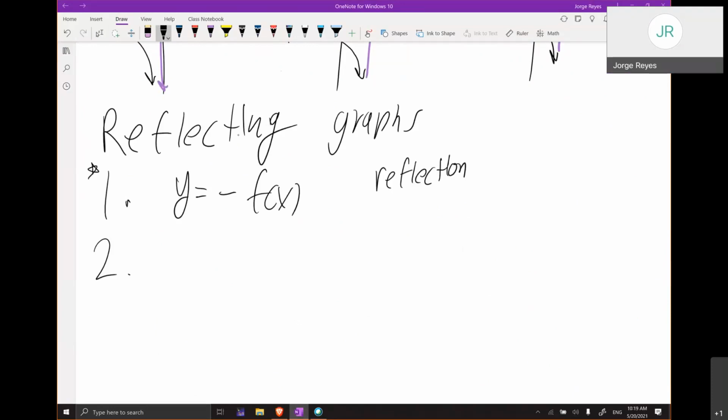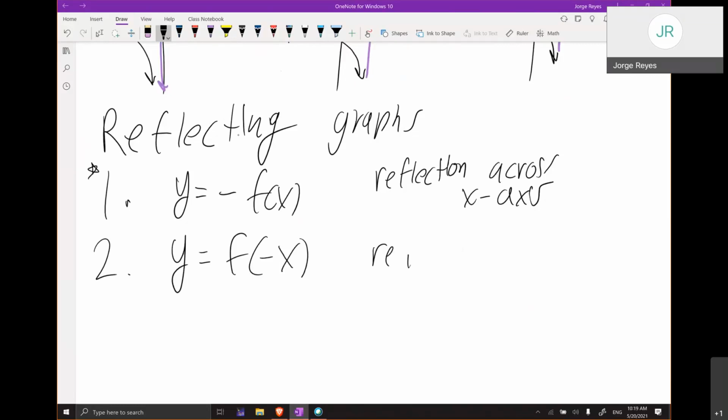It's a reflection across the x-axis. But if you have a minus sign on the inside, it's a reflection across the y-axis.